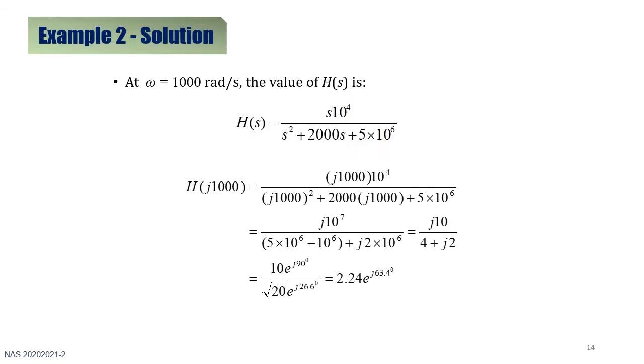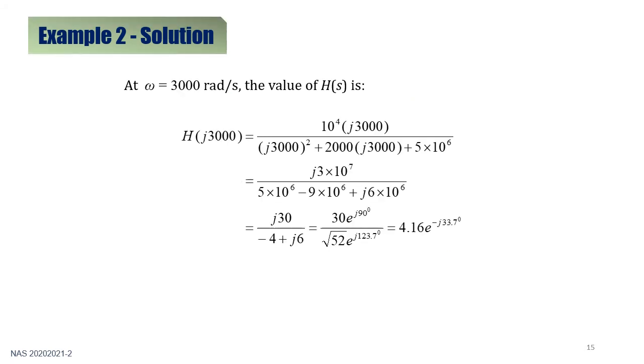Okay, so at omega equal to 1000 radian per second, S equals j omega. We replace omega with 1000, then you will have the complex equation in rectangular form. Finally, you need to convert the equation into polar form. So you get the transfer function or the filter performance at 1000 radian per second.